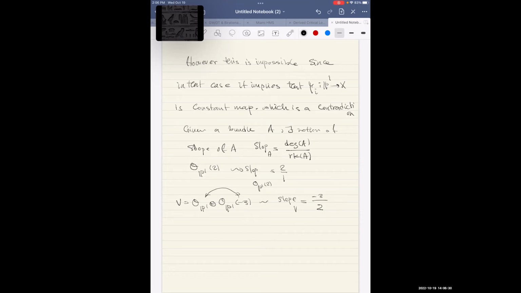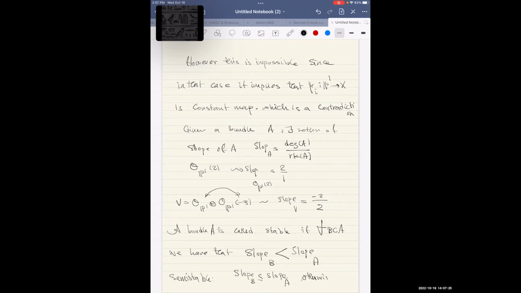Now, in the realm of vector bundles, a bundle A is called stable if for all sub-bundles B of A, we have that the slope of B is less than the slope of A. It's called semi-stable if the slope of B is smaller than or equal to the slope of A. And it's called unstable otherwise, if this inequality fails.